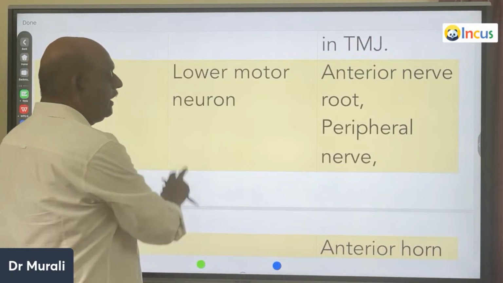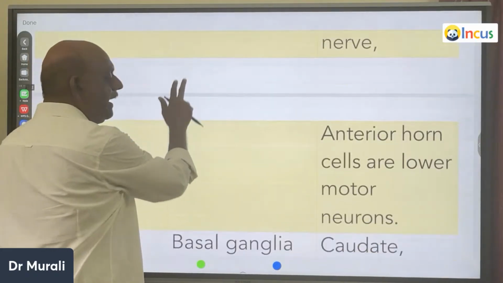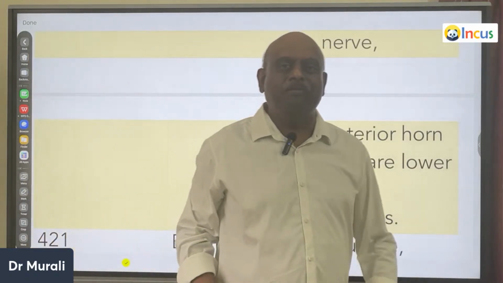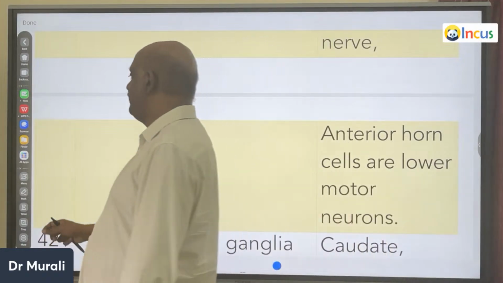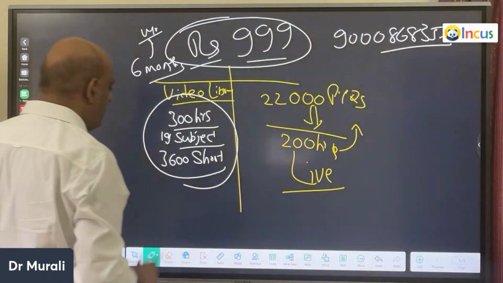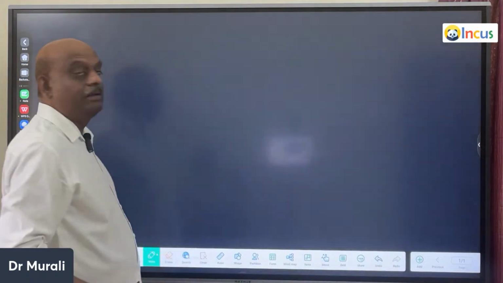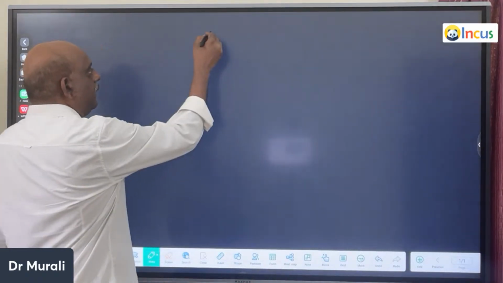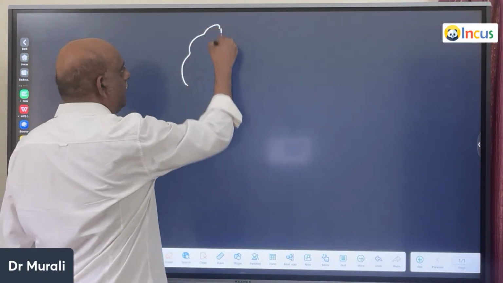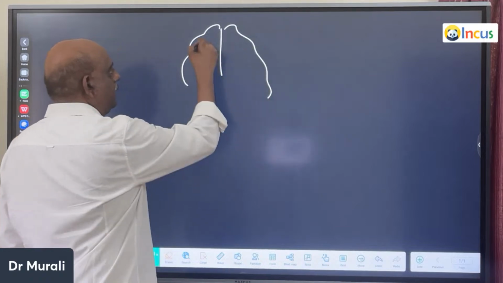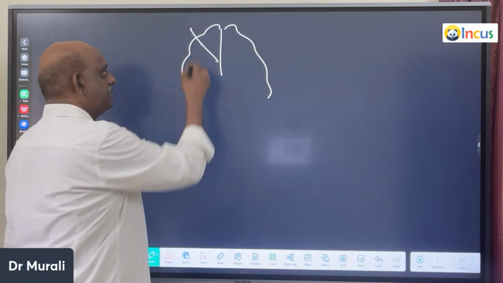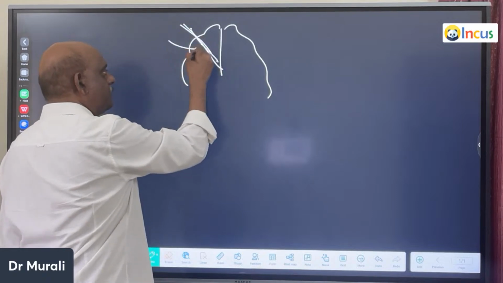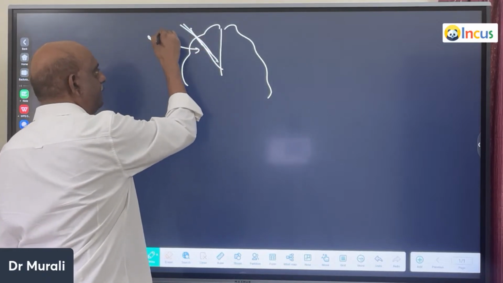Now, until what level do you call it lower motor neuron and what level do you call it upper motor neuron is a favorite area of the examiner. Now, let us master this point. In the brain, there is an area which is pre-sulcus, which is called the motor area.